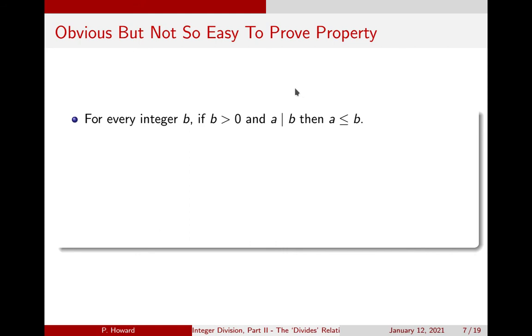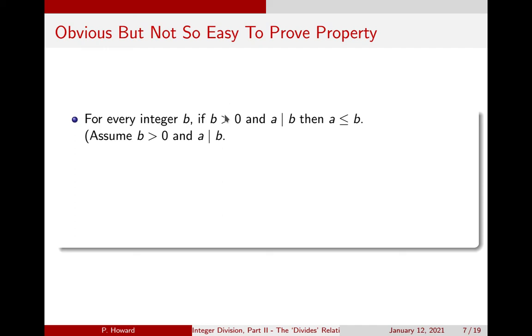So for example, if b were the integer 6, the positive divisors of b are 1, 2, 3, and 6, and all of those are less than or equal to 6. And if you happen to find a negative divisor of b, it will be less than 6 also.